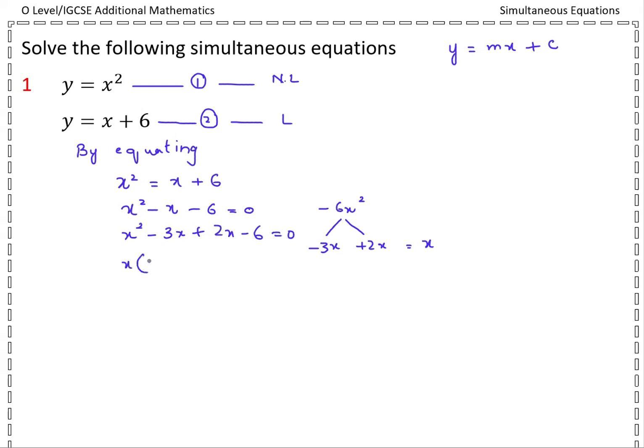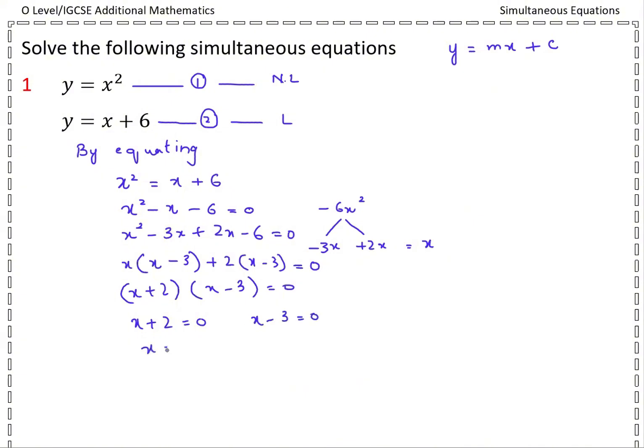Then we will take common: x minus 3 plus 2, x minus 3 is equal to 0. So x plus 2, x minus 3 is equal to 0. Then x plus 2 is equal to 0, and x minus 3 is equal to 0. So we have x is equal to minus 2 and x is equal to 3.